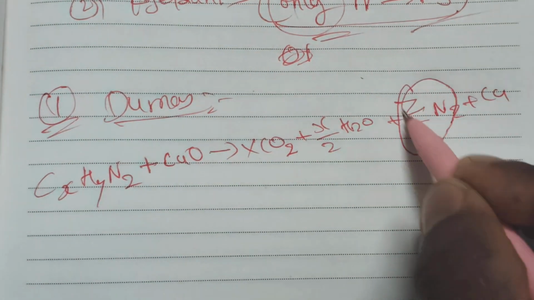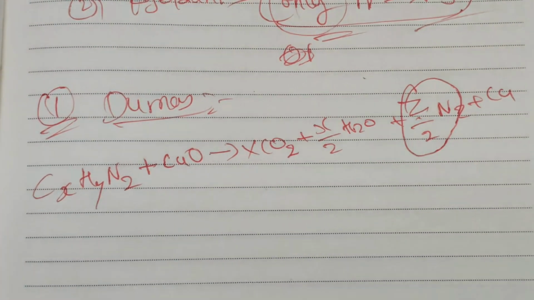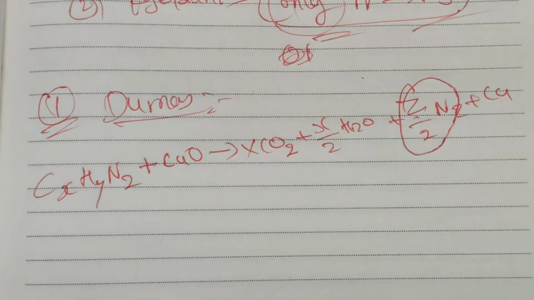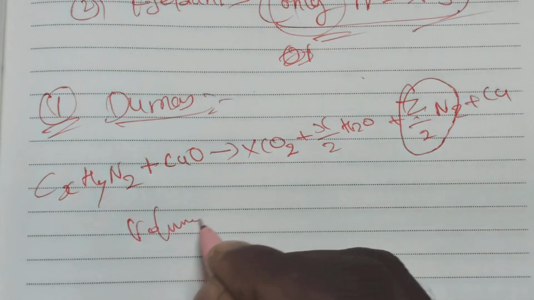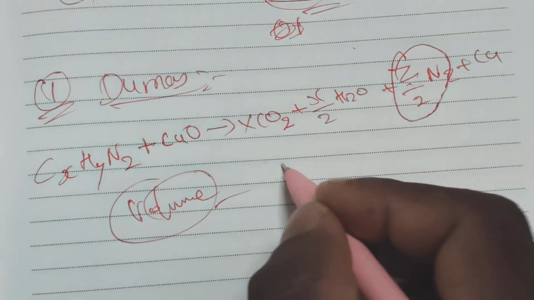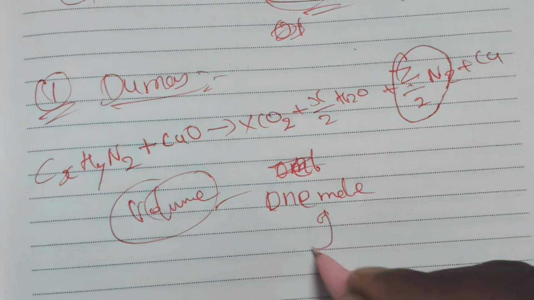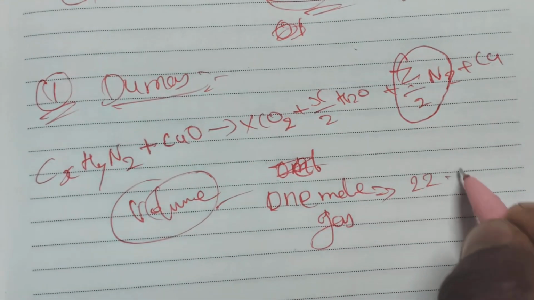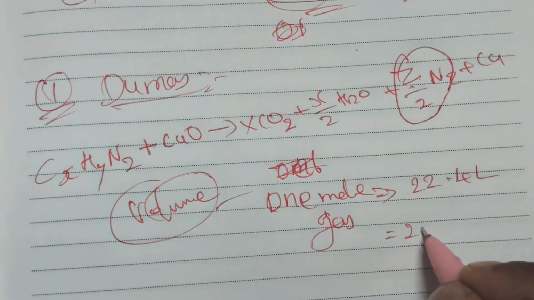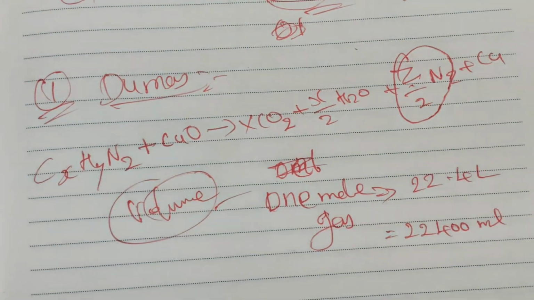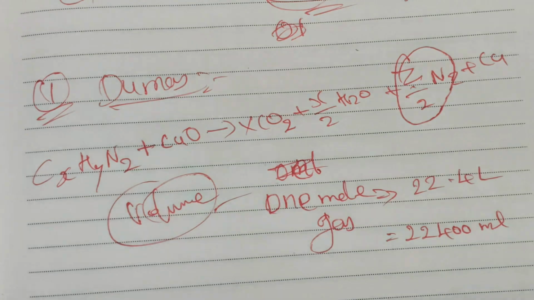This nitrogen can be collected in the Dumas apparatus, in a particular volume. In general, we know that 1 mole of gas occupies 22.4 liters, or 22,400 milliliters, of volume.